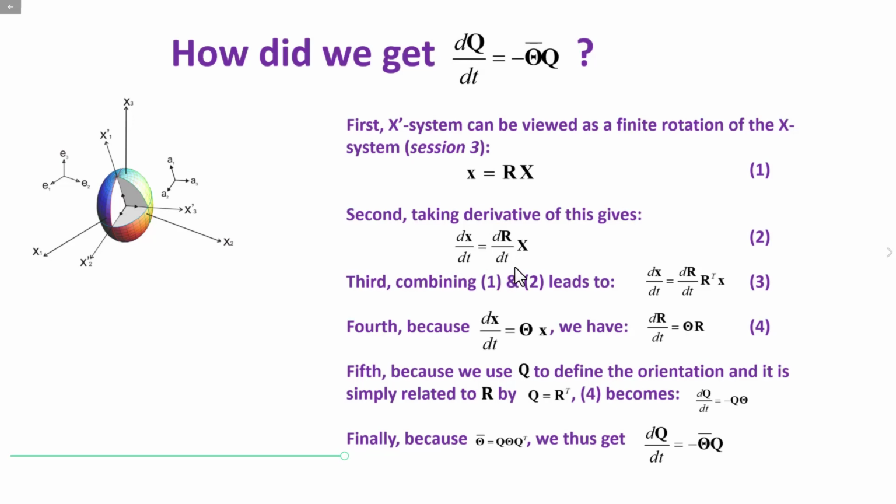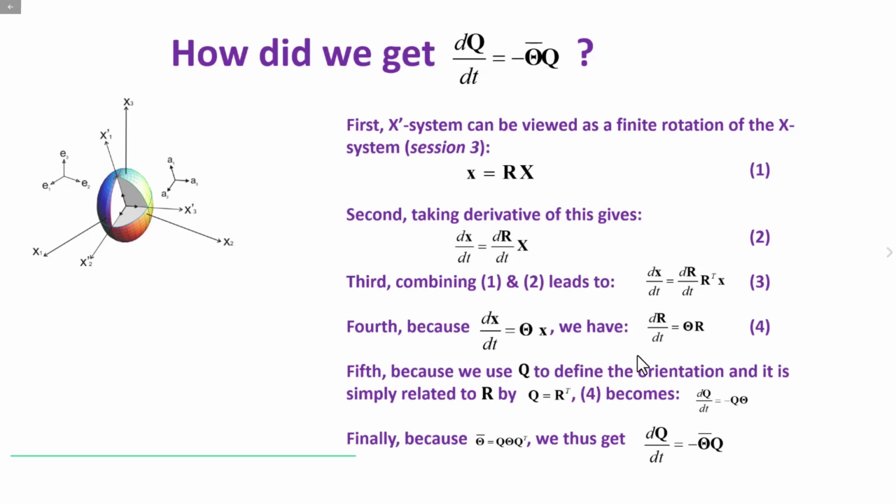Now, we want to express capital X in terms of the current x. So using equations 1 and 2, we get to this relationship. Remember from the last slide, we have this relationship. So the velocity of a particle is its angular velocity multiplied by its position vector. It's a matrix multiplication here. So these two plus equation 3, we get this relationship.